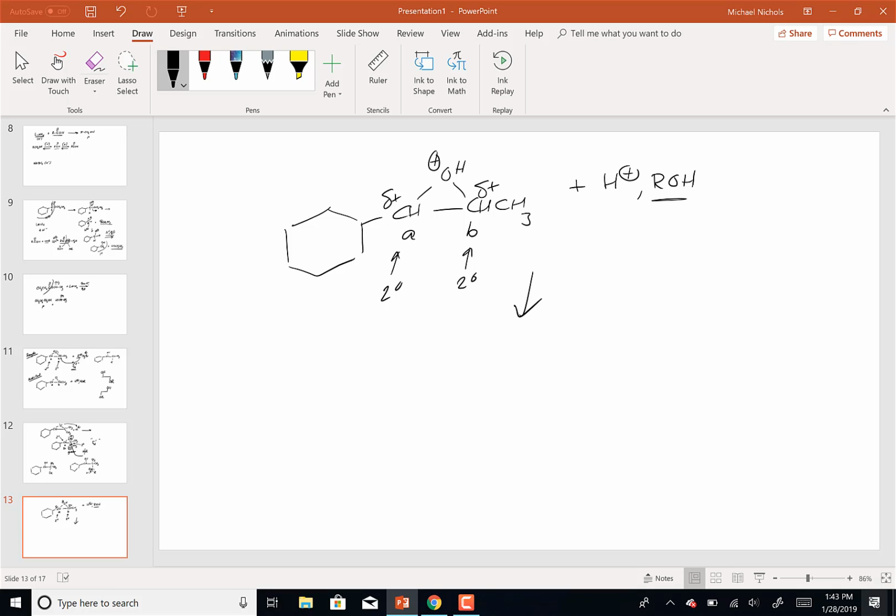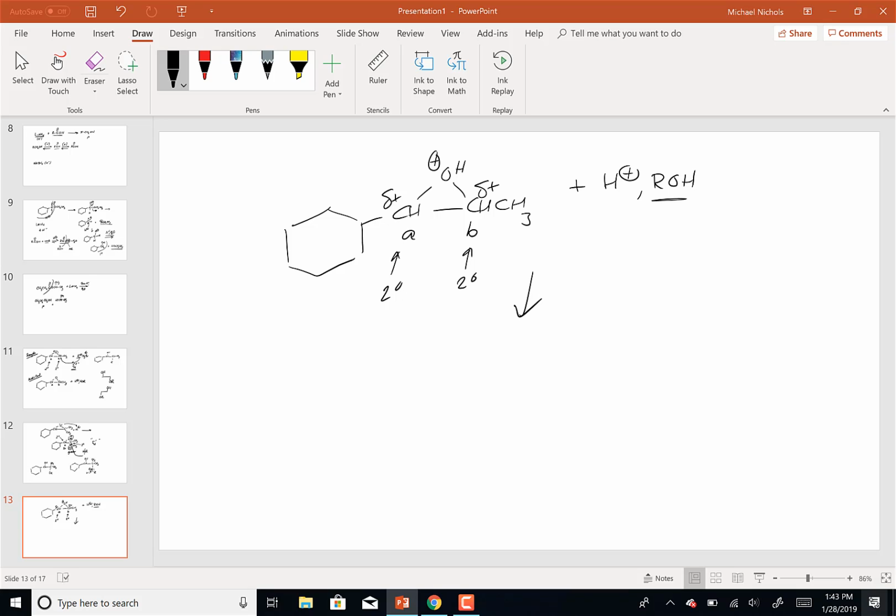They both would have the same positive charge. They're both secondary. Does it matter what's attached to a secondary carbocation? No. As long as it's secondary, we've treated them all with the same stability.